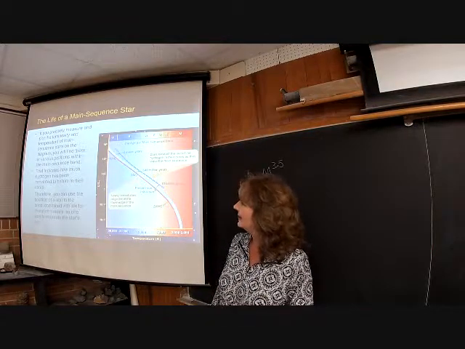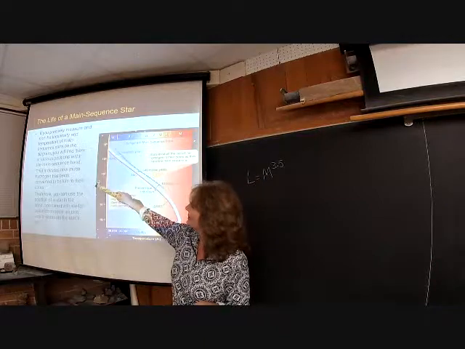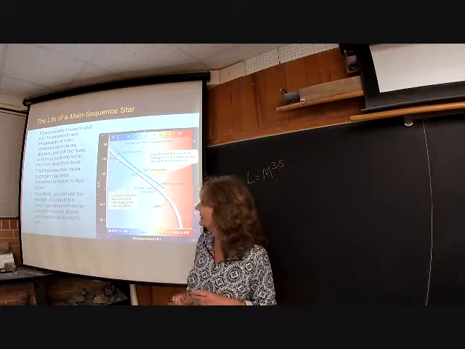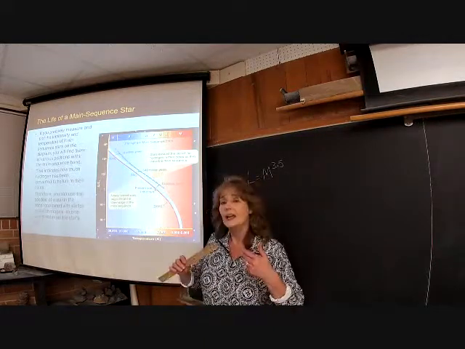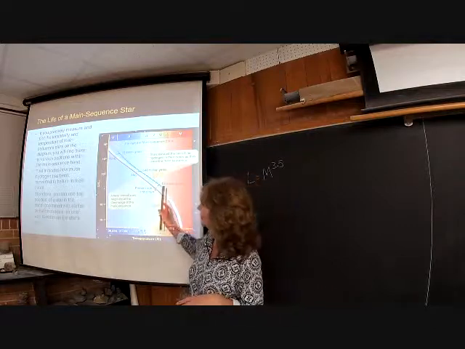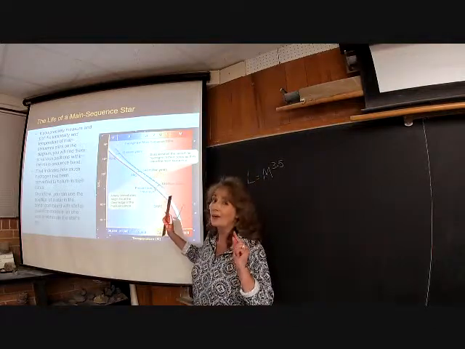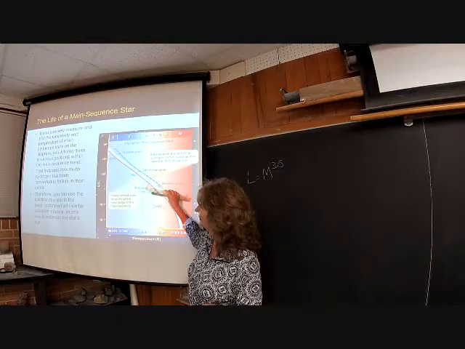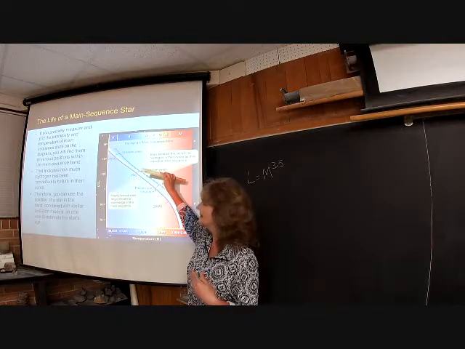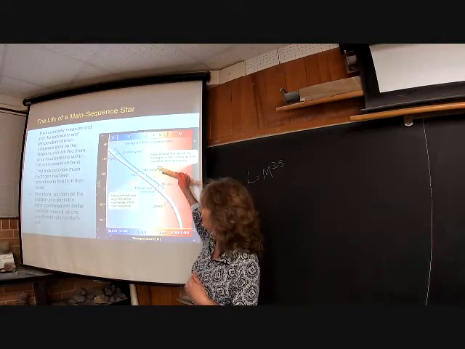But it lets us know how much hydrogen has been converted to helium in their cores. And so if the point that represents our star moves, like its luminosity increases or its temperature cools, right?